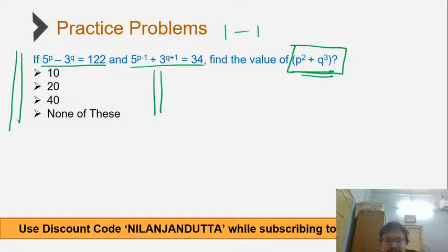So again, take a minute or a minute and a half to solve this. First try and get the value of p and q from these two expressions, and then look to get the value of p square plus q cube.